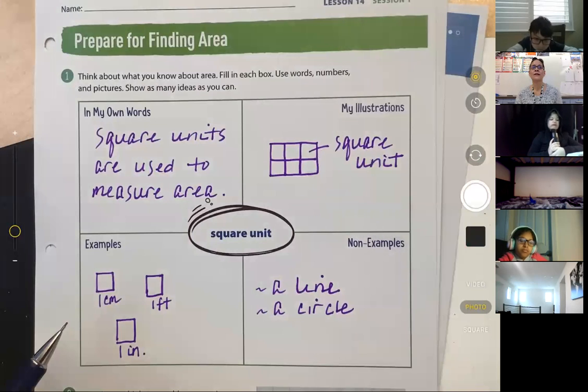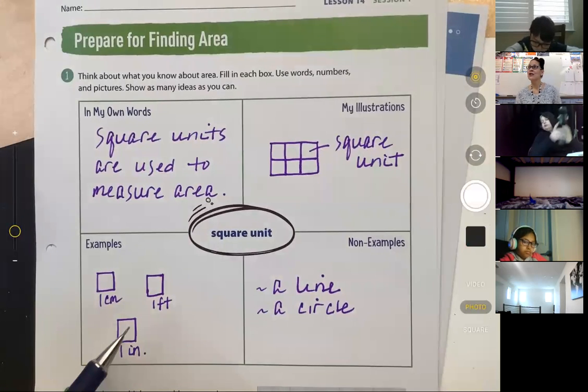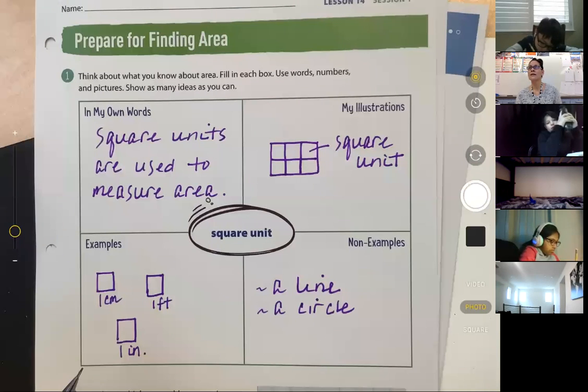Examples of square units, again, can be many different types of units of measurement. Here, I gave you some examples: a centimeter, foot, an inch. Could be a number of different things. We could go into the metric system and talk about meters, for example, or kilometers, for example.